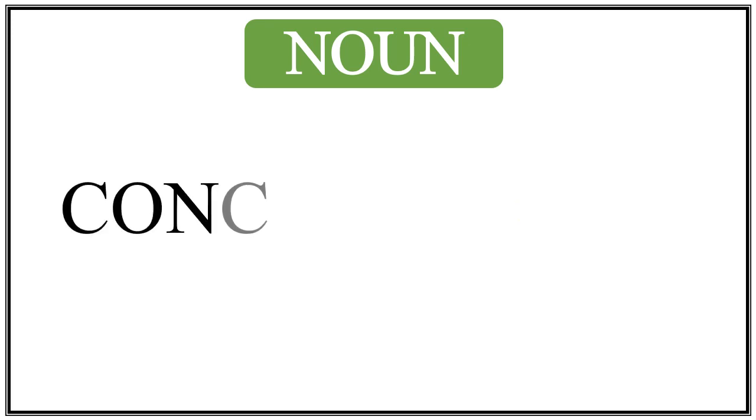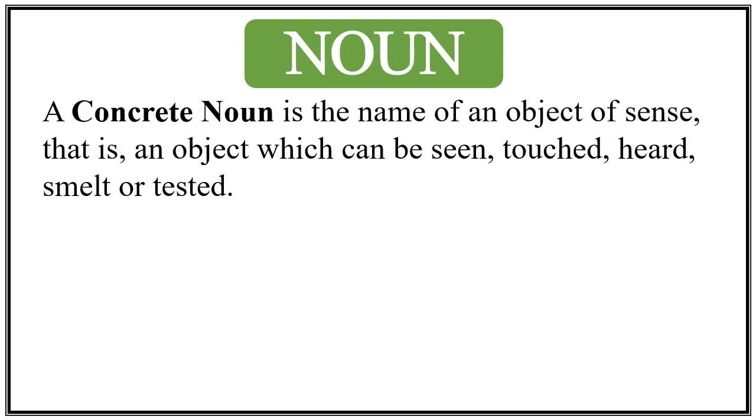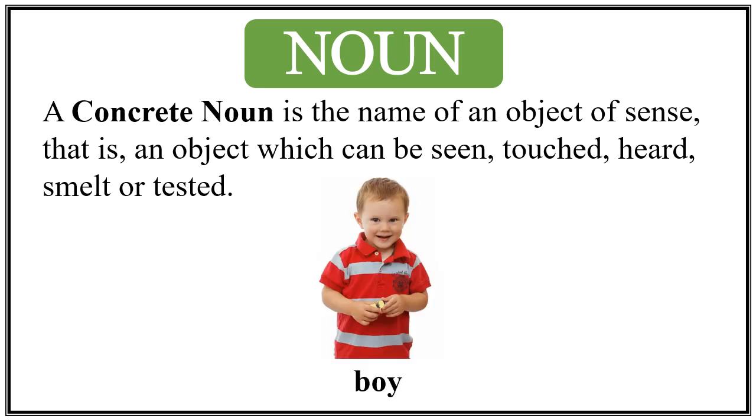Now we will discuss about concrete noun. What is a concrete noun? A concrete noun is the name of an object of sense. That is, an object which can be seen, touched, heard, smelt or tasted. Let me give you few examples. Boy. You can see a boy, you can touch him. Flower.